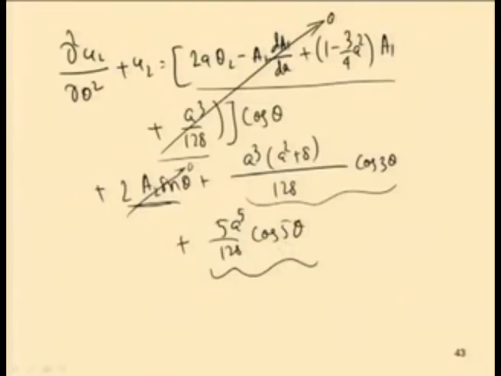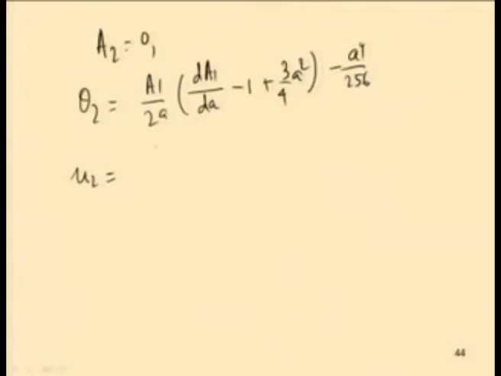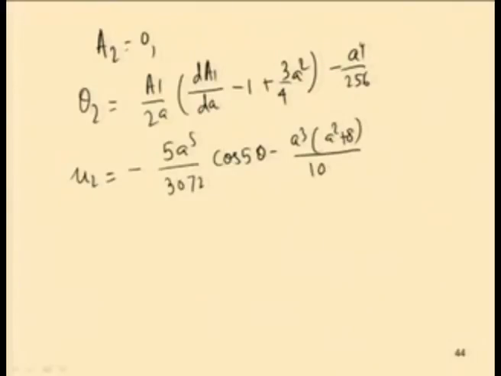So u2 will be equal to minus 5a⁵/3072 cos 5θ minus a³(a² plus 8)/1024 cos 3θ.